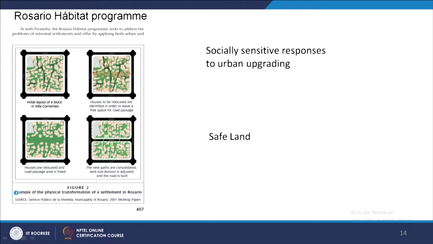And there are also various schemes and programs, like Promeba, which is one of the programs, and they have conducted this at an implementation level in various informal settlements. I'll show you some examples of the Rosario Habitat program.